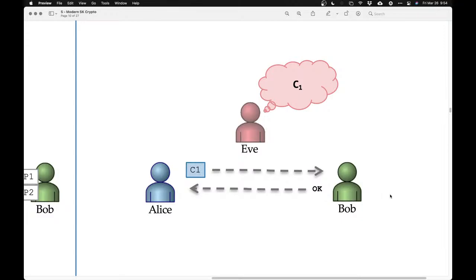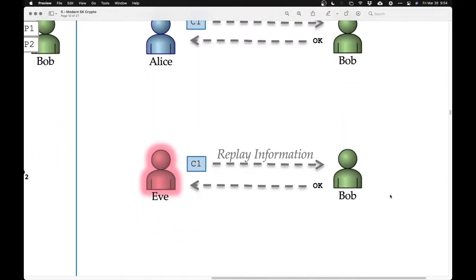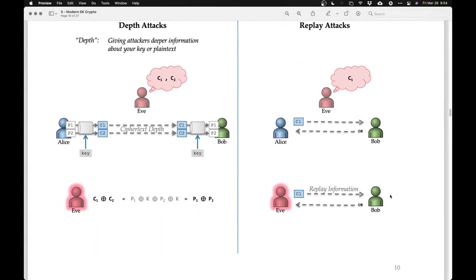Well, Eve doesn't need to know what the plain text is. Eve knows how to get Bob to go to the bank and get $1 million now. Eve just replays the information. Eve simply says, hey Bob, C1. And Bob quickly runs to the bank and gets out the money, and Eve's waiting outside with a gun and robs Bob. Okay? Very predictable. So this is called a replay attack.